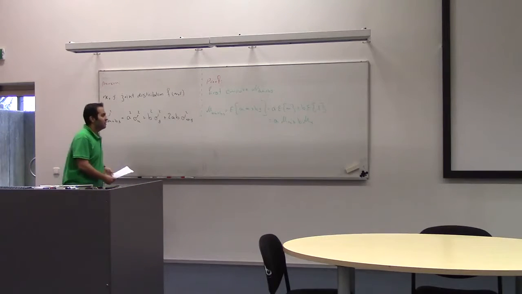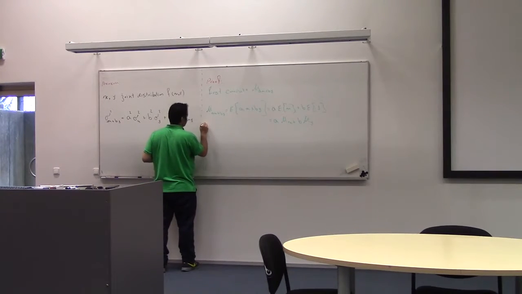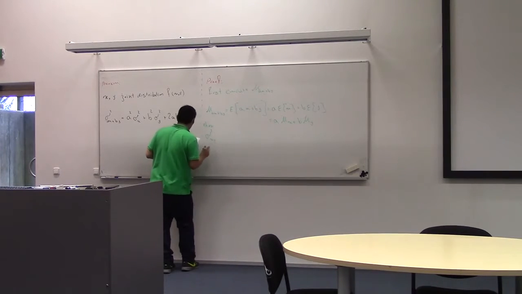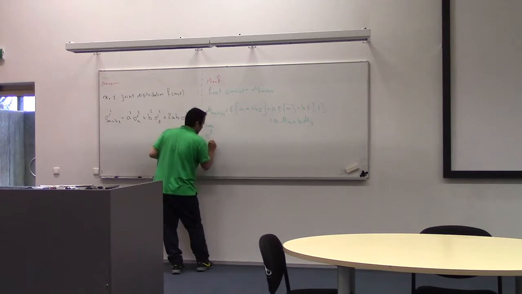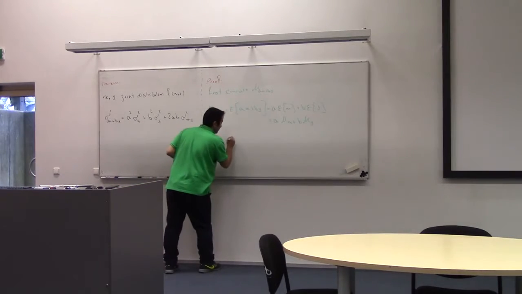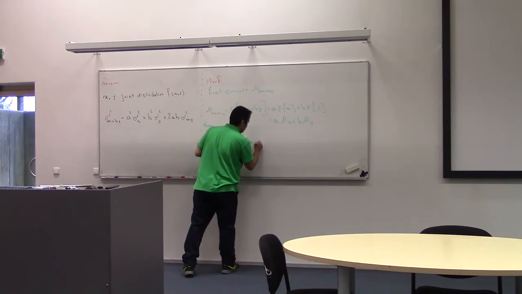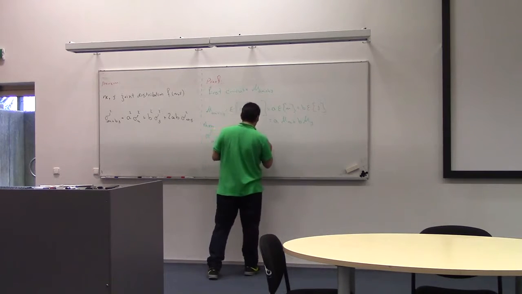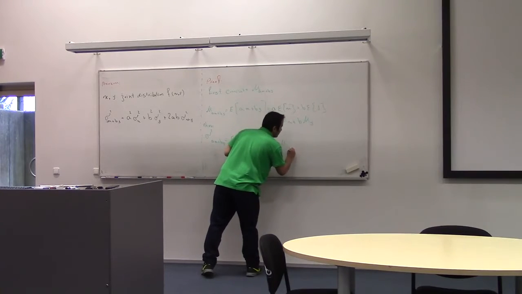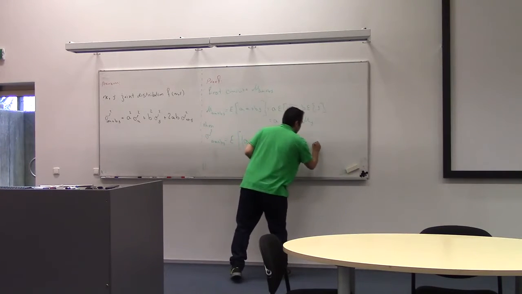Okay? First we found this one, and then for σ²_{aX+bY} we have something like this: the expected value of aX plus bY minus a μ_X plus b μ_Y, all to the power 2.